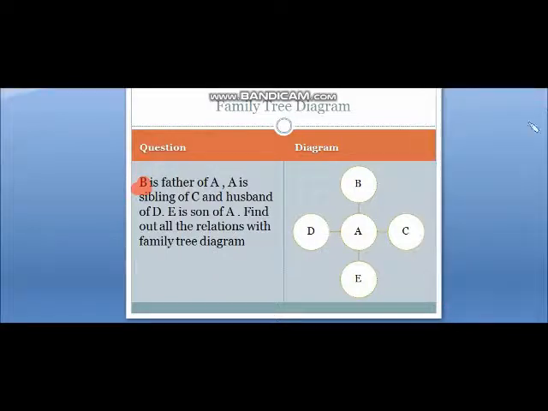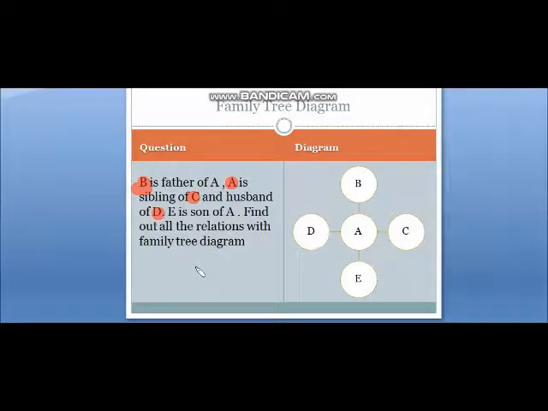Then A, C and D come under one generation because A is sibling of C, तो वो same generation को belong करता है. And husband of D means A, C and D belong to one generation. B belongs to your higher generation. And E is son of A means E will be in lower generation.